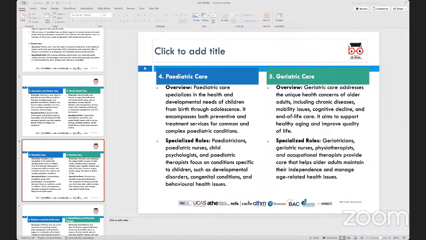Specifically, when we talk about later adulthood, people after the age of 65, you would be looking at providing geriatric care. It is a specialty form of care which primarily deals with multiple conditions.